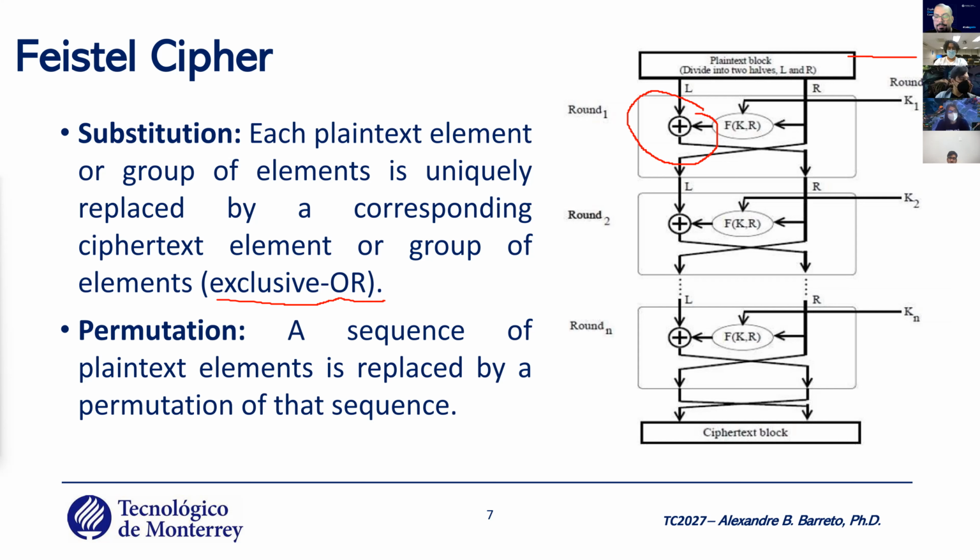And in the permutation, you replace a sequence of words. For example, the permutation happened here. Did you see? You get this part, the right side, and send it to the left, and the left side you send to the right. Did you see or not?